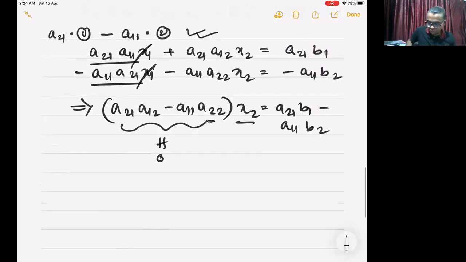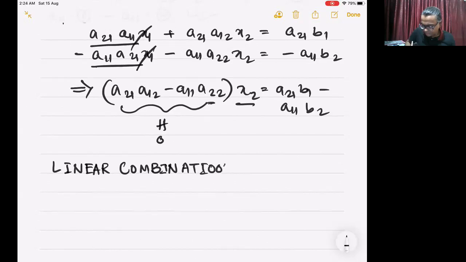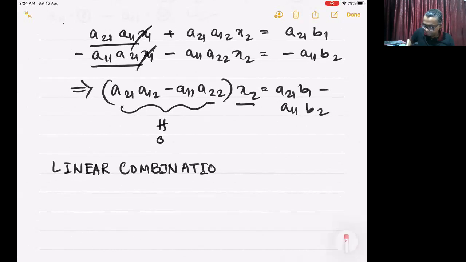This is what we call a linear combination of the equations. This phrase, linear combination, is something that's going to show up multiple number of times throughout this course.